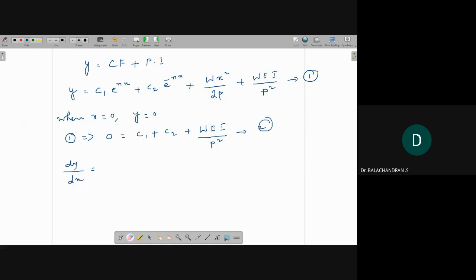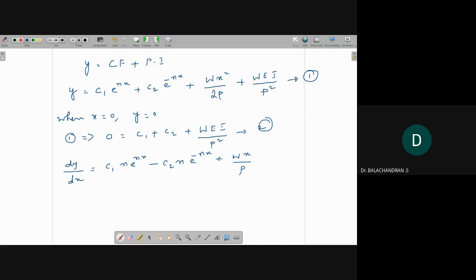Okay, it is better to write C1 into n into e power nx, and then minus C2 into n into e power minus nx. If you differentiate this, 2 gets cancelled, w x by p. The last term is a constant term.